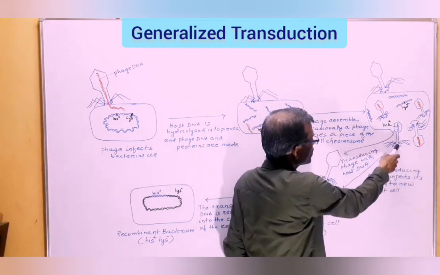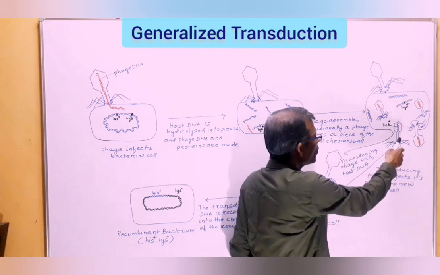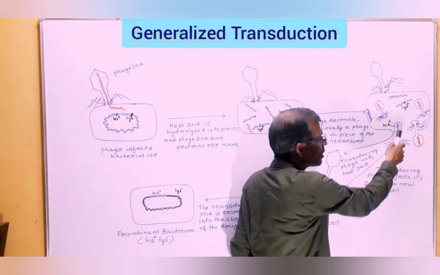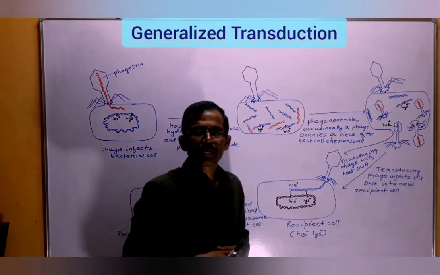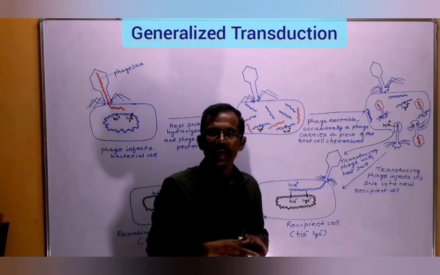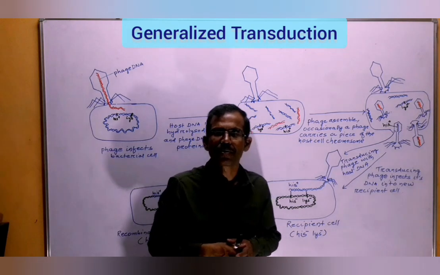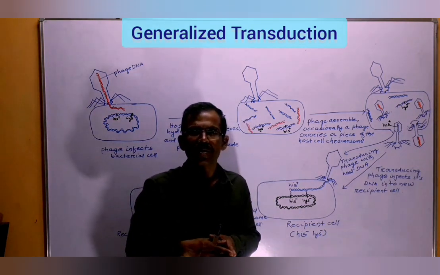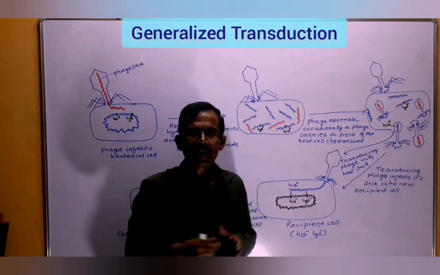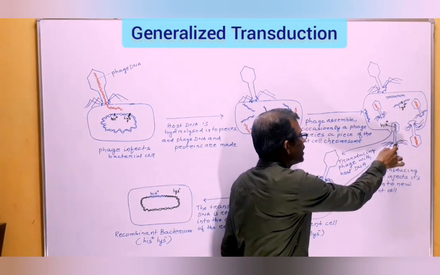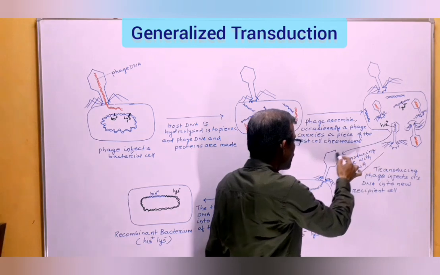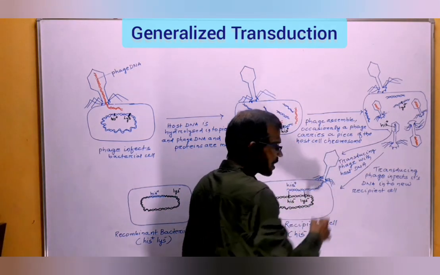This type of phage particle, which contains only the bacterial DNA fragment, is called a generalized transducing phage, which simply acts as a carrier of genetic information from one bacterium to another. The generalized transducing phage can inject the DNA into other bacterial cells.